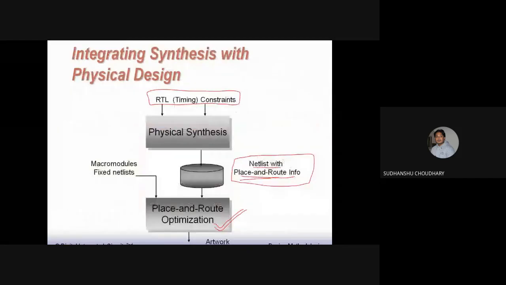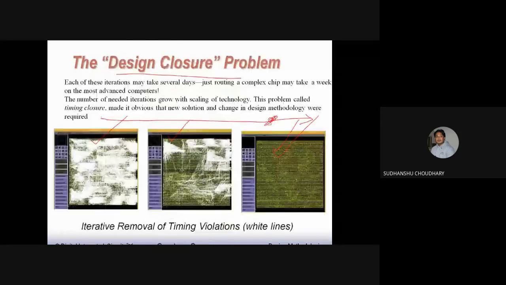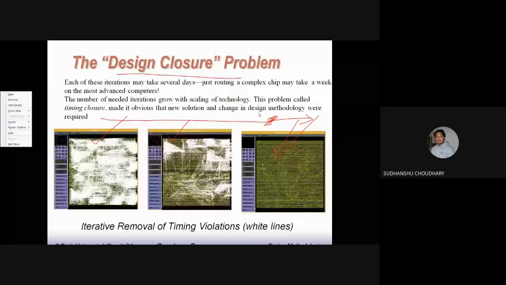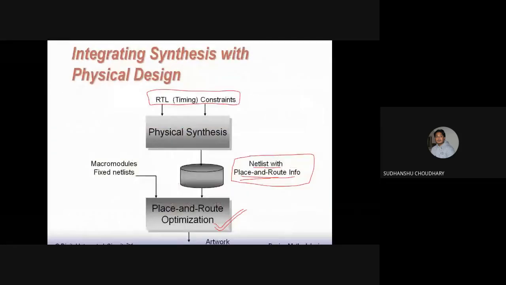In fact, in many tools or software, you will find that this methodology already exists, and it has proved that the design closure problem can be reduced to some extent by this technique, that is, if you can intermix the placement and route information with the logic synthesis.